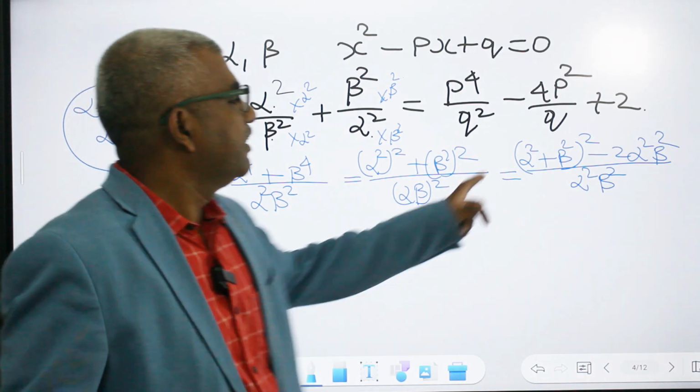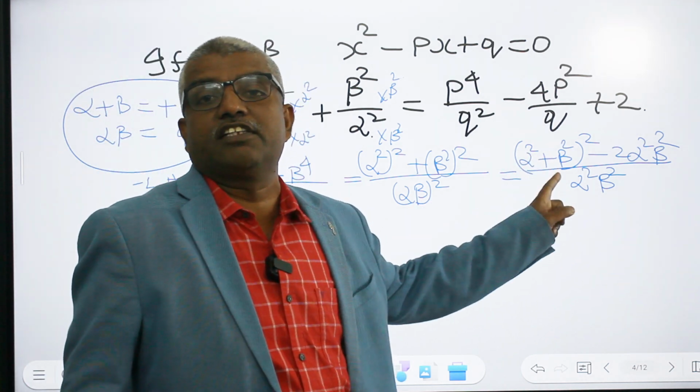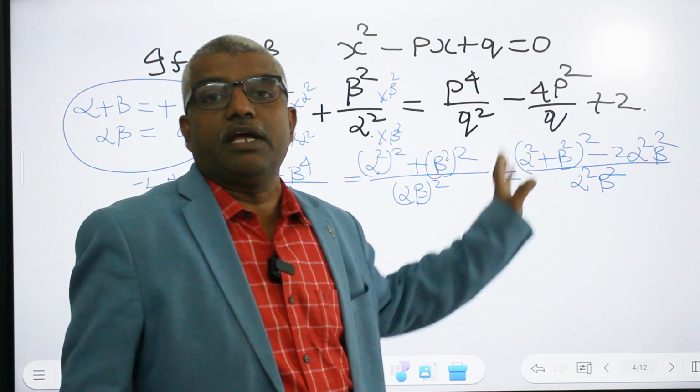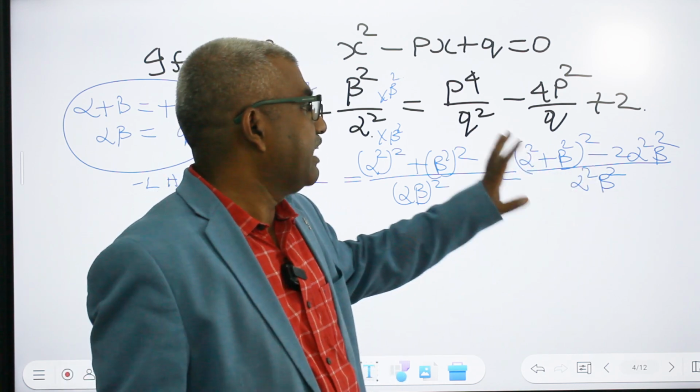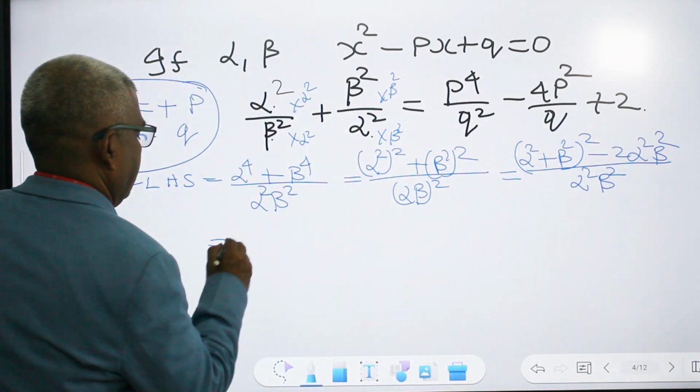Now still we have to make it alpha squared plus beta squared. Still it is in the form of a squared plus b squared. Now we have to convert to a plus b whole square minus 2ab. Here now a is alpha only. Understand?